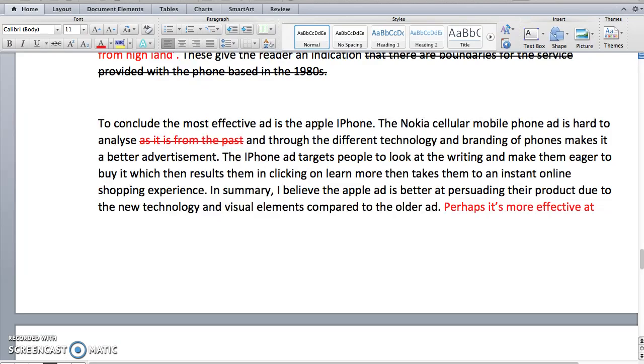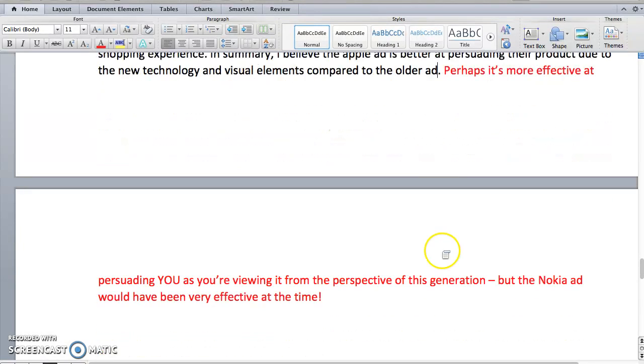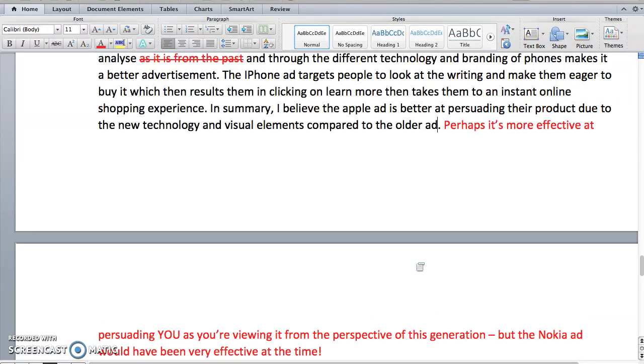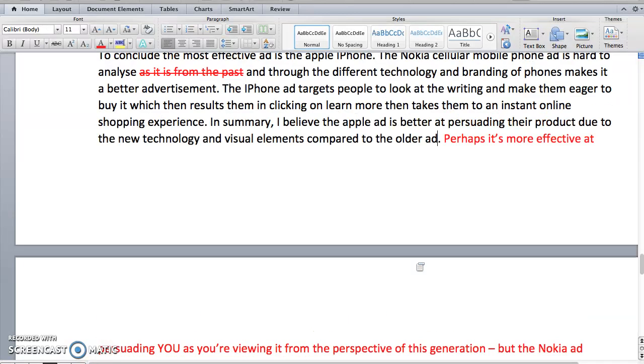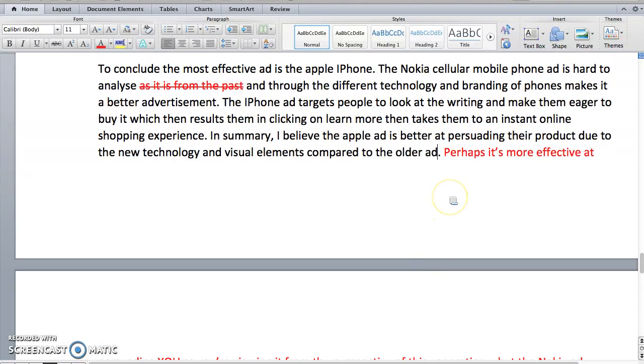So you need to relook at your conclusion. I think you need to probably say that it was a very effective advertisement for the time. However, what is interesting here is you're looking at the changes in both technology and the sophistication of advertising, which is very clear to see between the two ads.